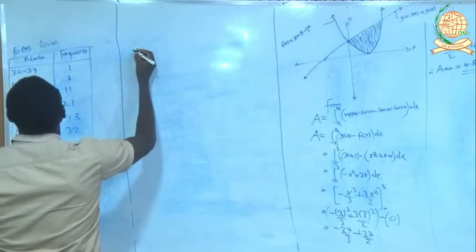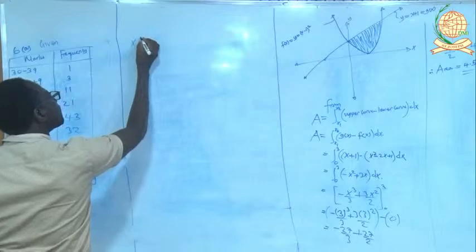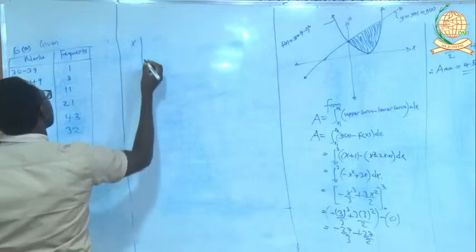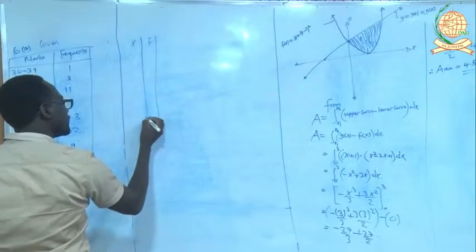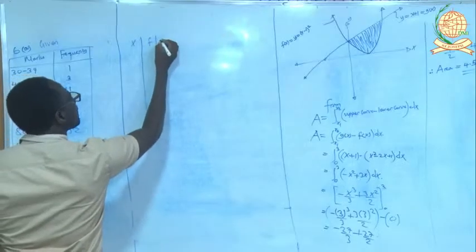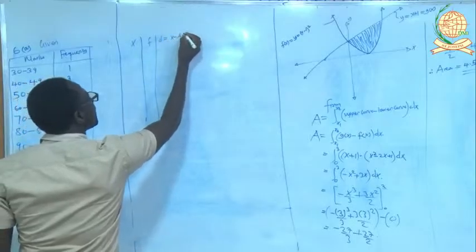Okay, so max, or just the class mark, let's make it simple. Class mark, the frequency. We have D here, which is x minus A, where A is the assumed mean.